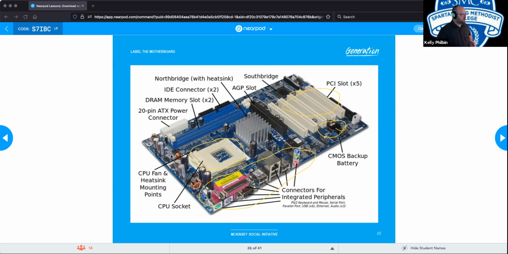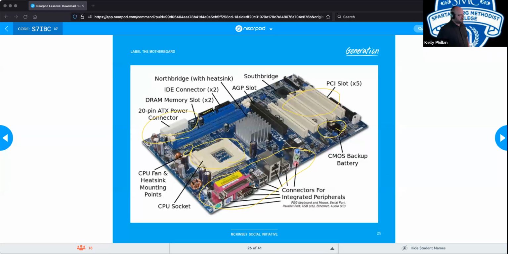So next to the CPU, close to the CPU geographically, you'll see a little 2 to 4 pin connector that you would hook up your CPU fan. It has its own connection. Here we can see that 20 pin connector for the power.